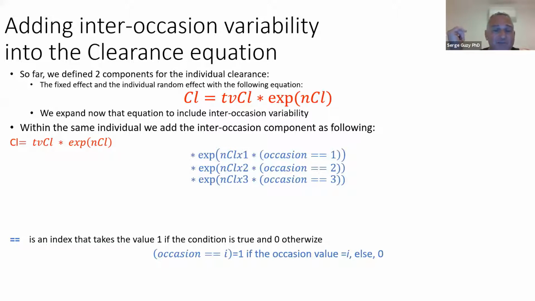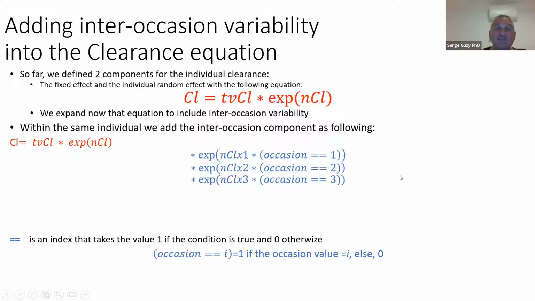Sometimes it's 4, 4.5, 5, 5.5, 6, etc. I have 1,000 values. It defines a distribution that will be centered around 5. In other words, if the 5 is already here, it will be centered around 0, because exponent 0 is 1, and then it will fluctuate from occasion to occasion.